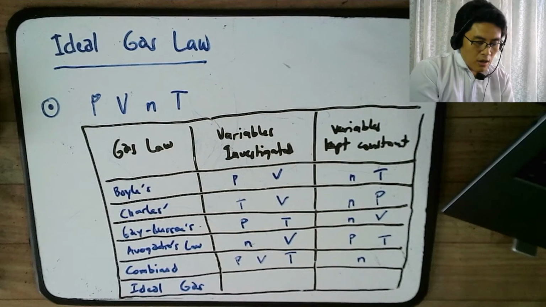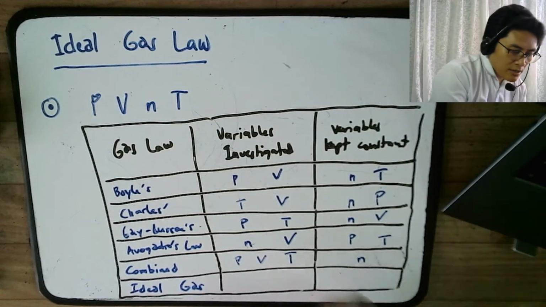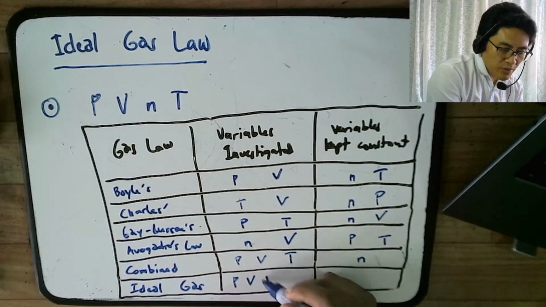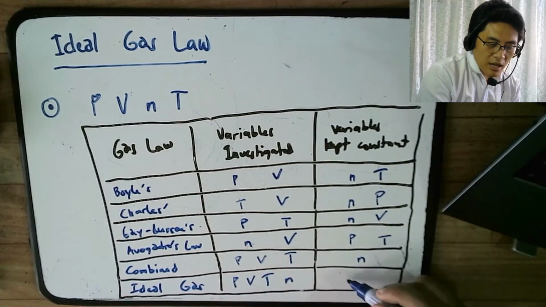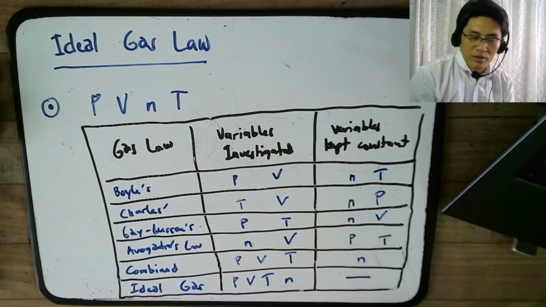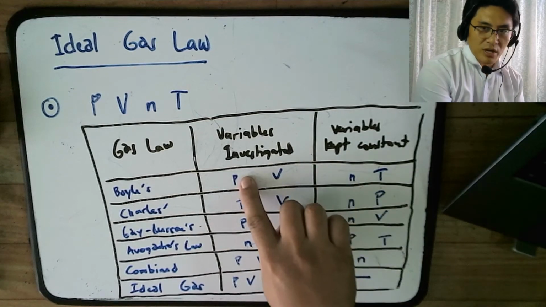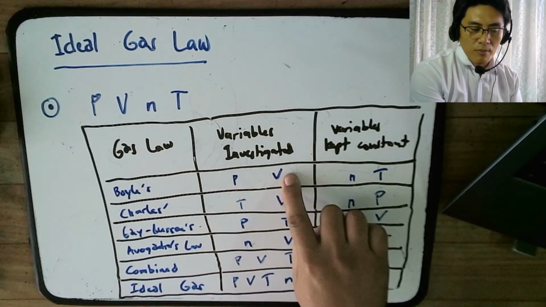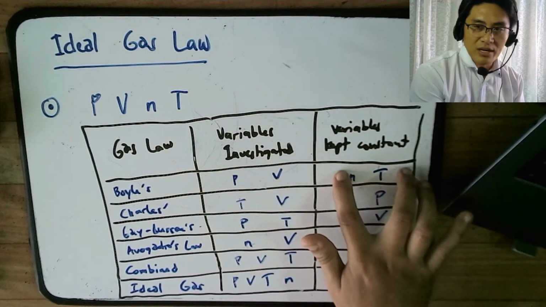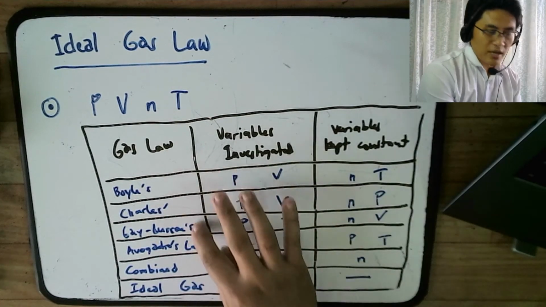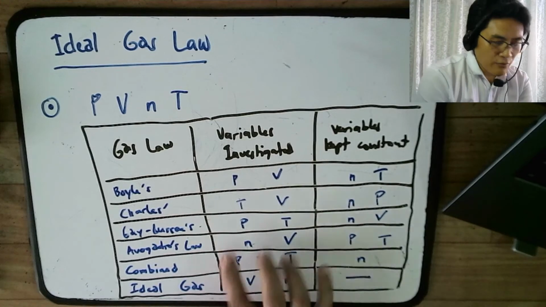So we will be investigating the relationship between pressure, volume, temperature, and number of particles, and there will be nothing that will be kept constant. Meaning, in Boyle's law, we change the pressure and look at the effect on the volume, knowing that these two are not changing. And that is also the same for Charles's law and Gay-Lussac's law and Avogadro's law.